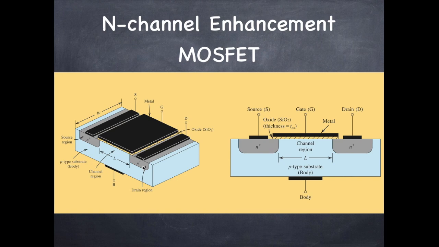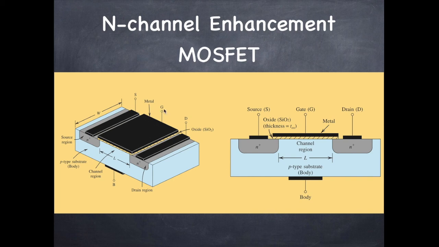Then we have a thin layer of silicon dioxide whose thickness is in the range of nanometers. It's an excellent electrical insulator and is grown on the surface of the substrate. It covers the area between source and drain region. The metal is deposited on the top of the oxide layer, which forms the gate electrode.